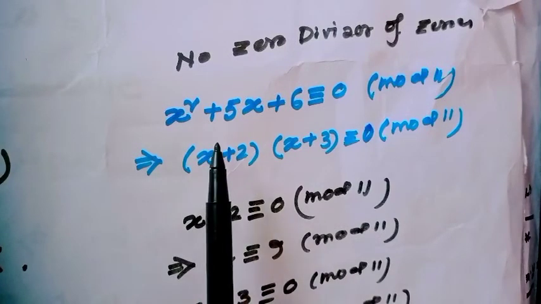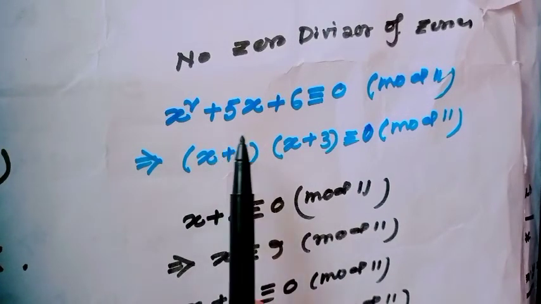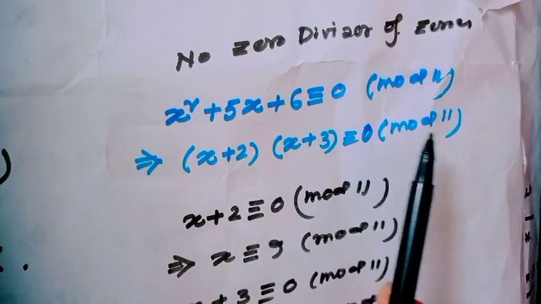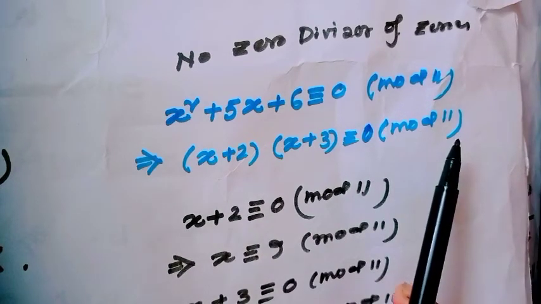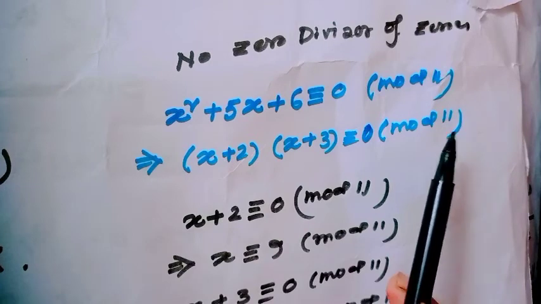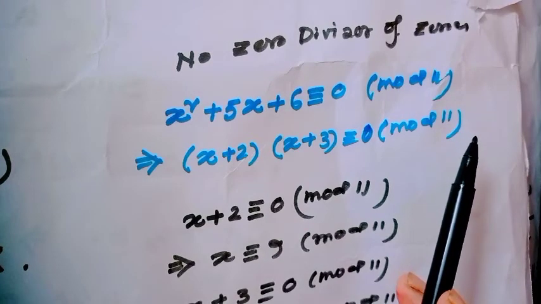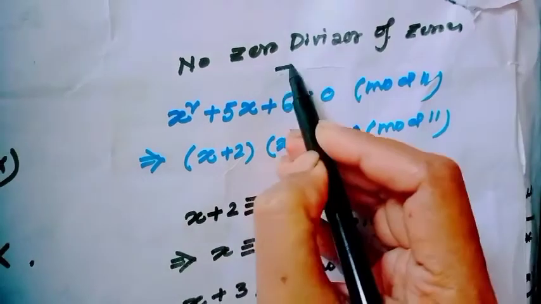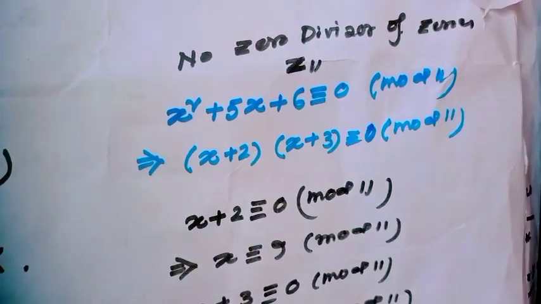But if you consider this equation x square plus 5x plus 6 congruent to 0 in mod 11, since 11 is a prime number, all of us know Z11 has no divisor of 0.